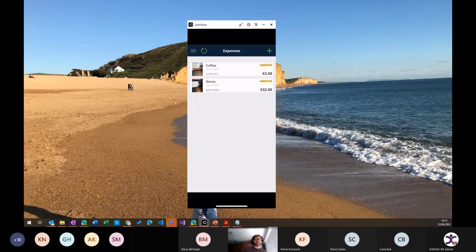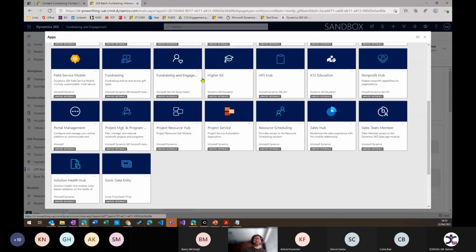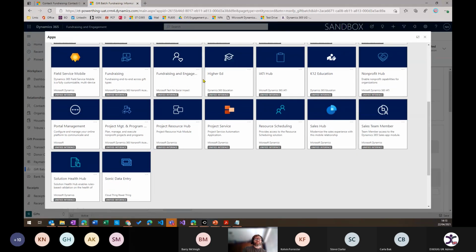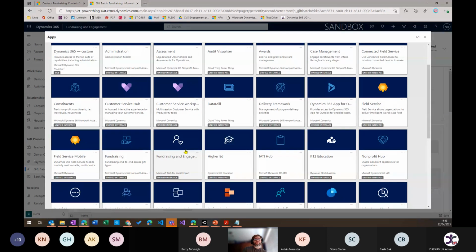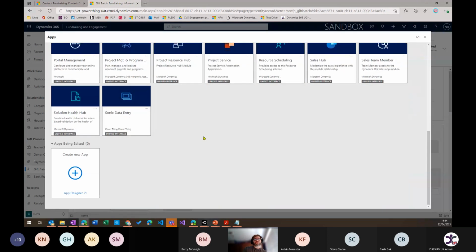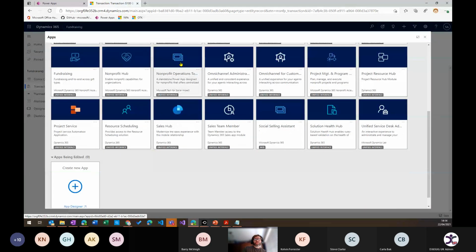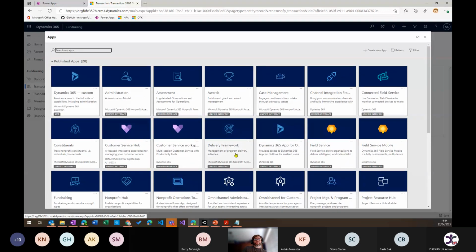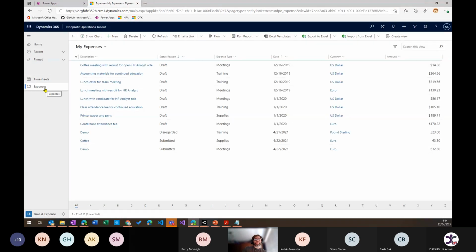So if I hop back over to here, and if I go into the app for operations, I'm going to head over to expenses, and that one's just come in.